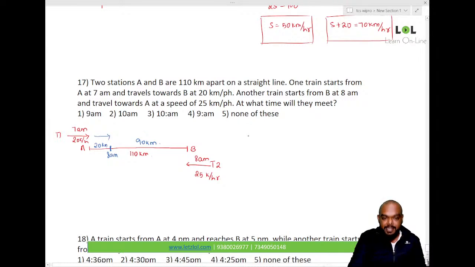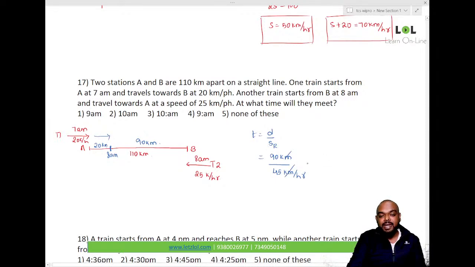Now, let us start. Time is distance by speed. What is the leftover distance between them? 90 kilometers. Both are traveling in opposite directions, so what speed do we have to take? A relative speed, since there are two moving objects. Opposite direction means sum of the speeds. 20 plus 25, 45 kilometers per hour.